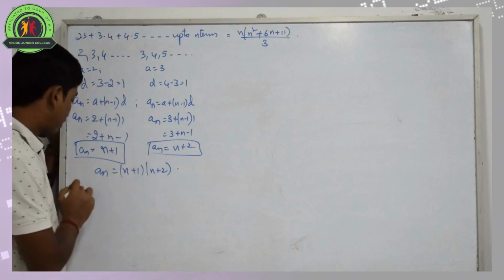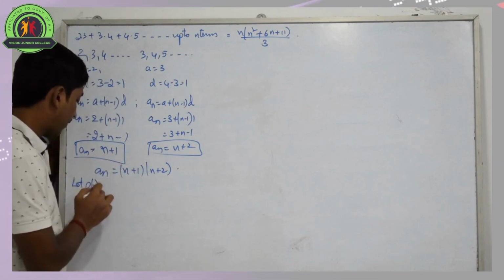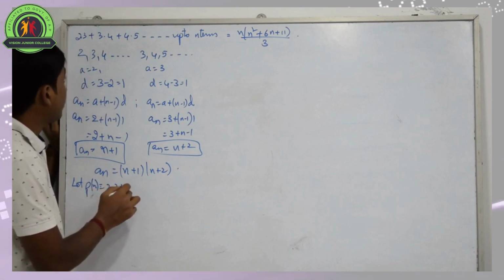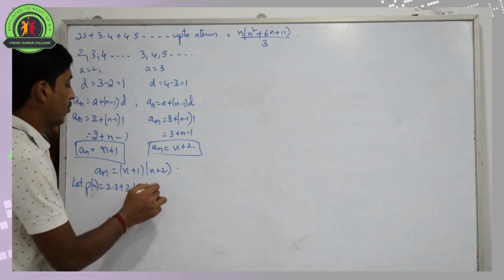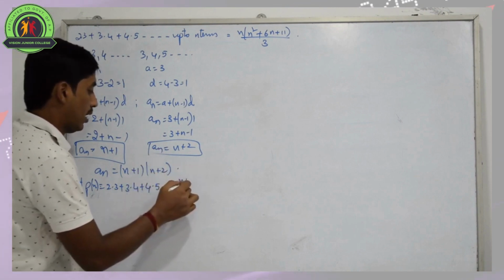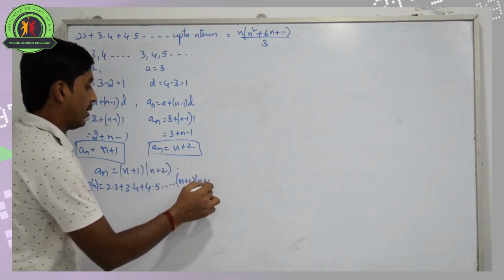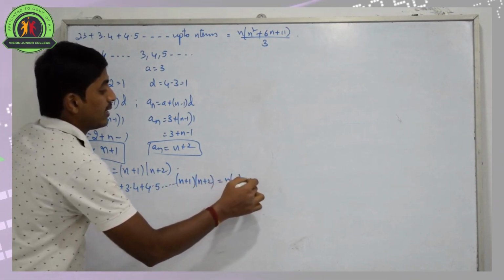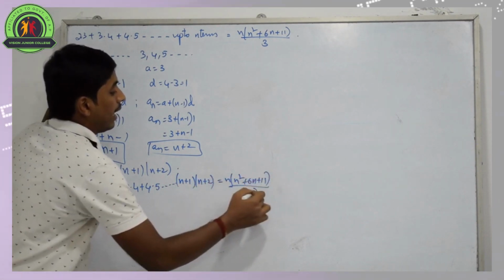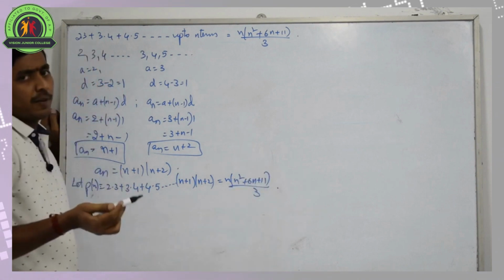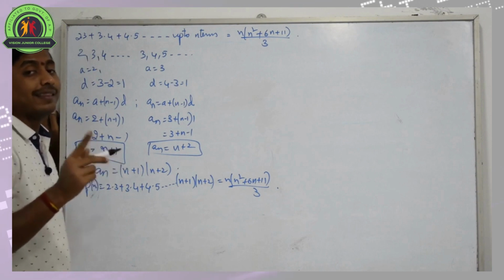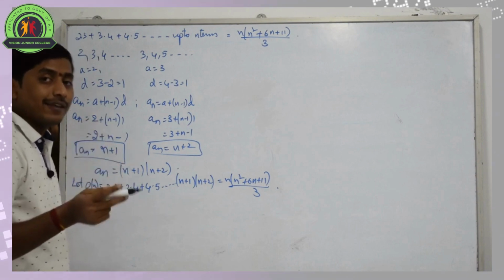Therefore, let P of n be 2 into 3 plus 3 into 4 plus 4 into 5 and so on up to n plus 1 into n plus 2, that is equal to n into n square plus 6n plus 11 by 3. We got a P of n. What is the next step now? What is the first step? That is, put n equal to 1.